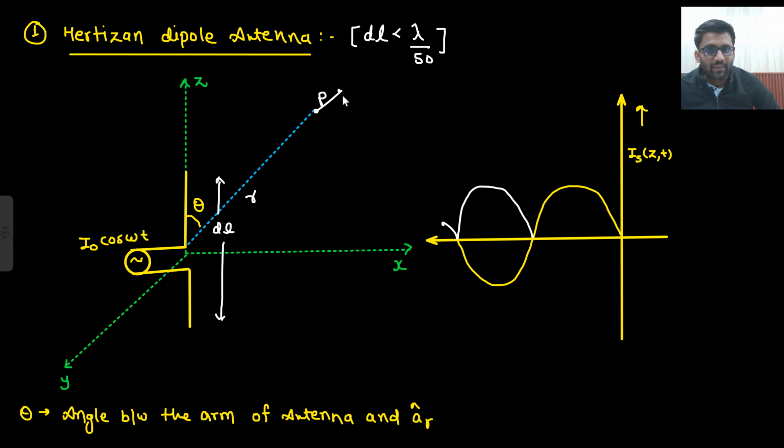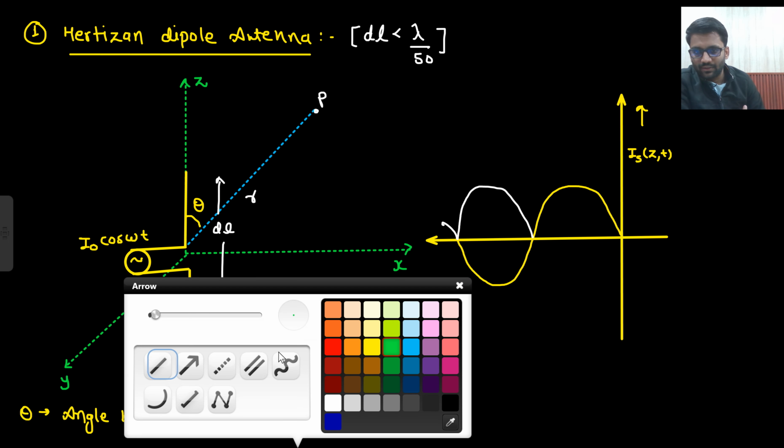In the R cap direction. So what is your theta? Theta is the angle between the arm of the antenna and R cap. Are you getting this point? Okay, let me make it better. I could have drawn this R cap better.